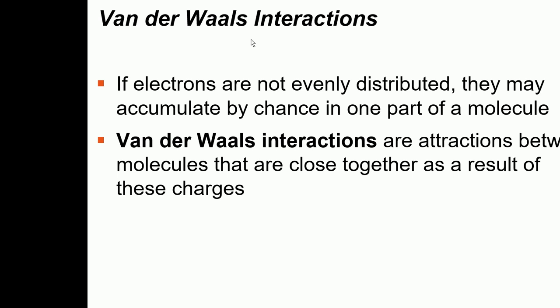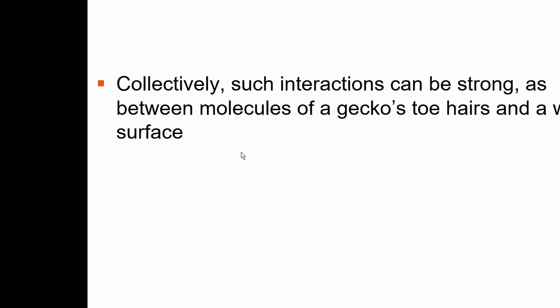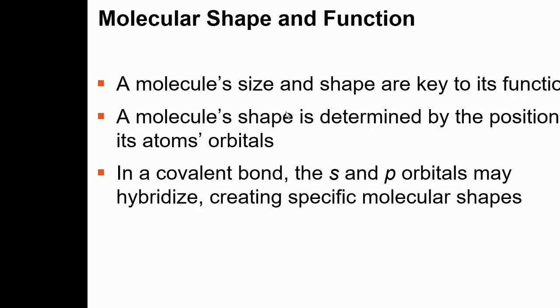When these atoms come close to each other, they get attracted towards each other. These are called van der Waals interactions, and they are weak interactions. You must have seen lizards and insects climbing the walls, and they climb by the van der Waals interactions.